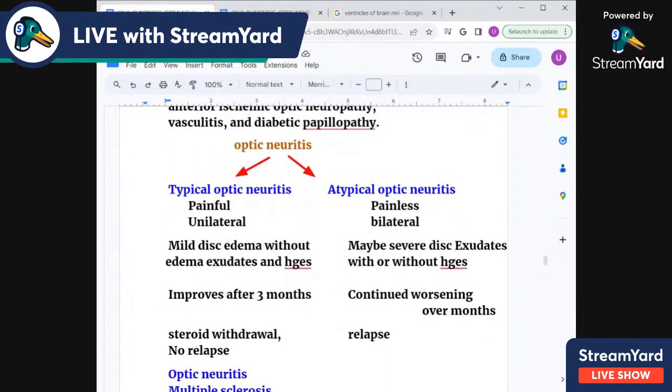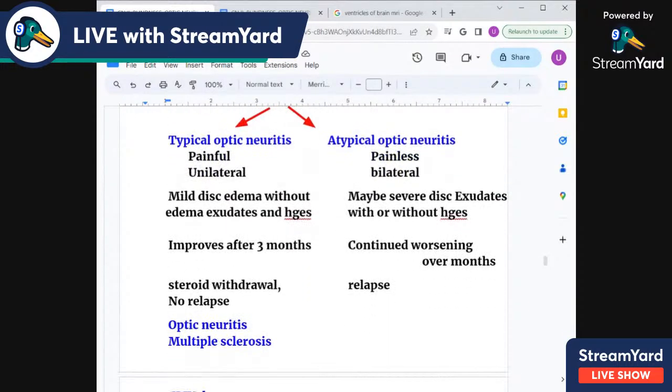Then optic neuritis types: typical and atypical. Typical optic neuritis is painful and unilateral. Atypical optic neuritis is painless and bilateral. Typical causes mild disc edema without exudates and hemorrhages, while atypical causes severe exudates with or without hemorrhages.